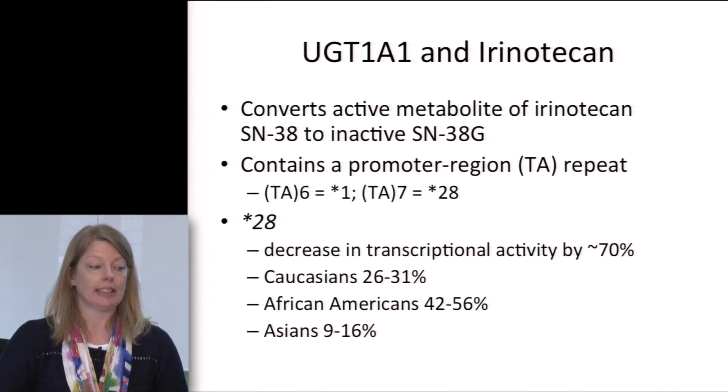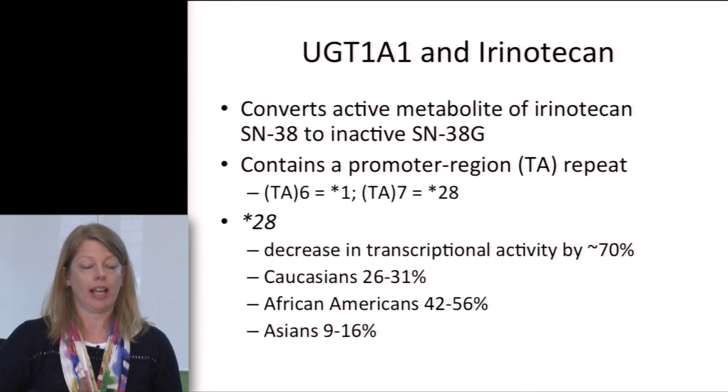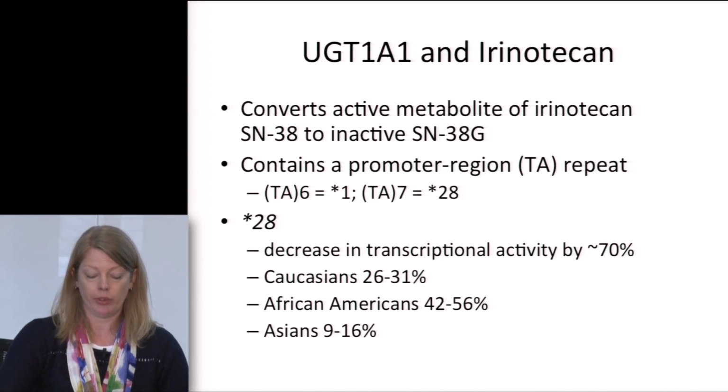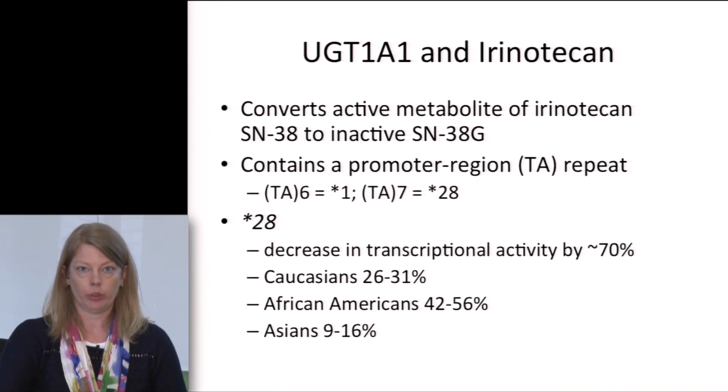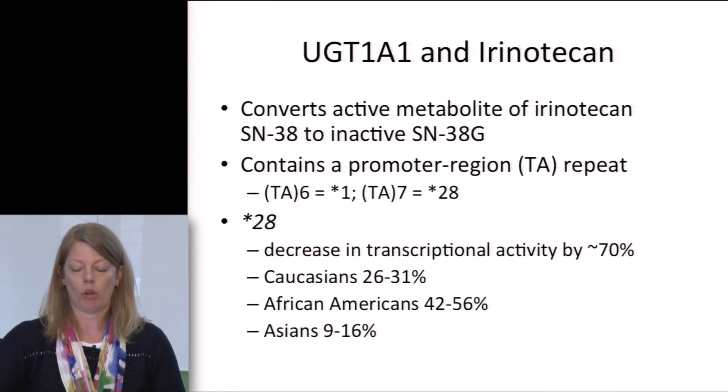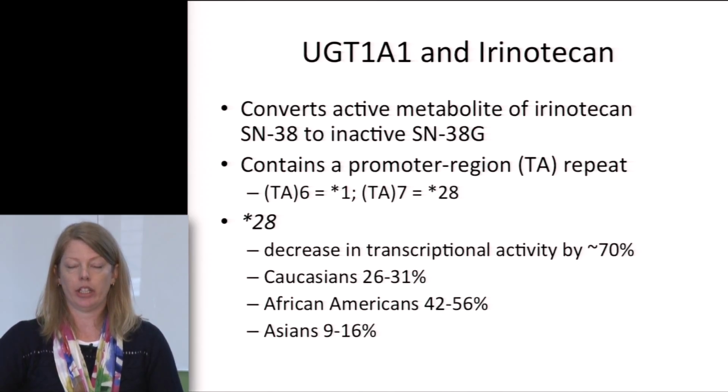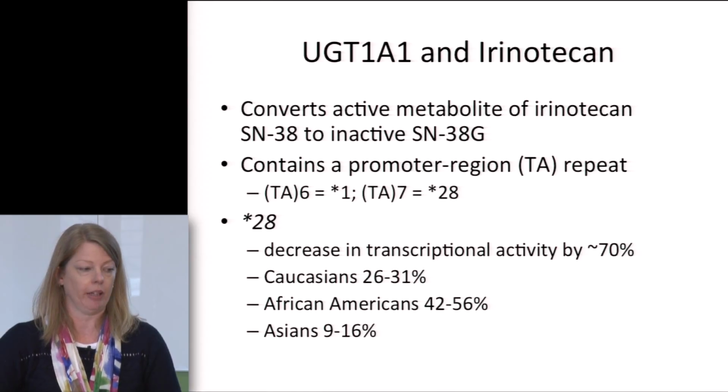Star 28s have a decrease in transcriptional activity by 70%. So remember, this is a repeat in the promoter region, so it influences transcription of the gene, and that 1 extra repeat means that there's a lot less of the gene being transcribed and a lot less of the enzyme being made.